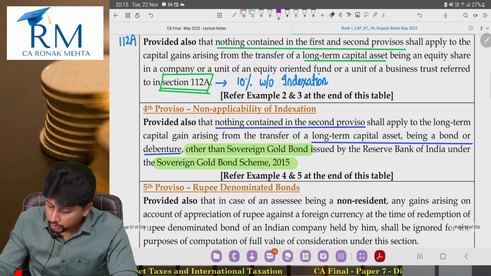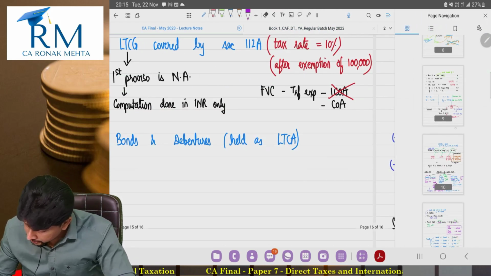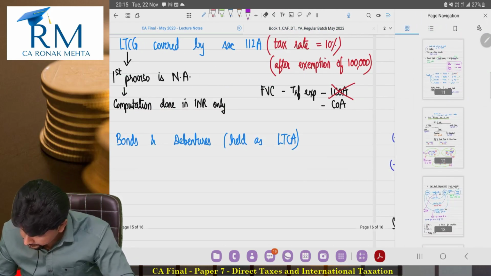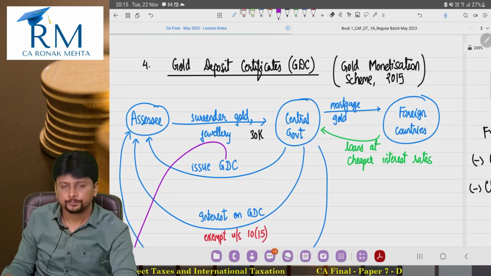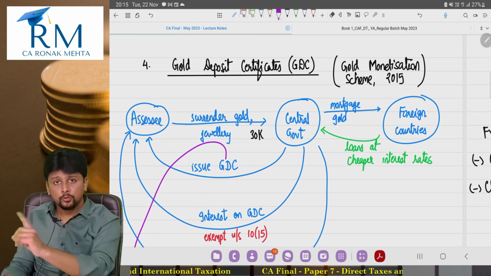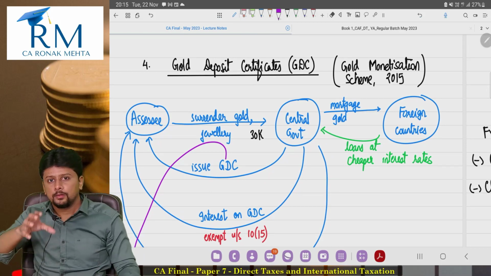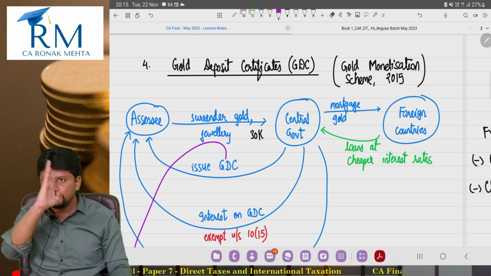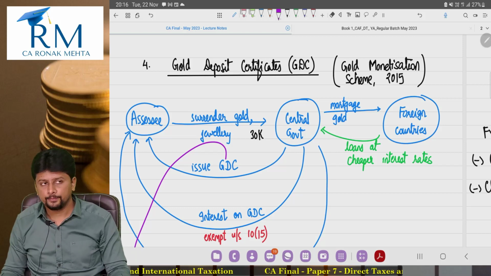Luckily, today only we did a discussion of gold deposit certificate, and if you remember, I said कि भाई we as Indians, we see gold as a place of investment. For us it's not a commodity.